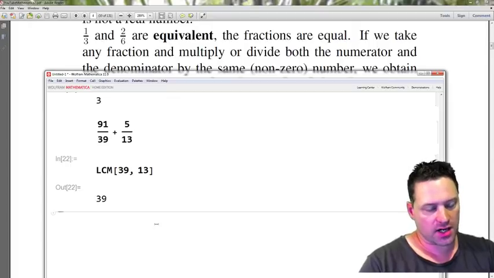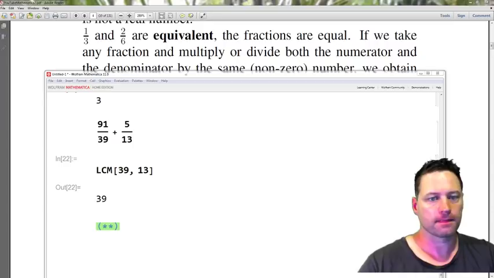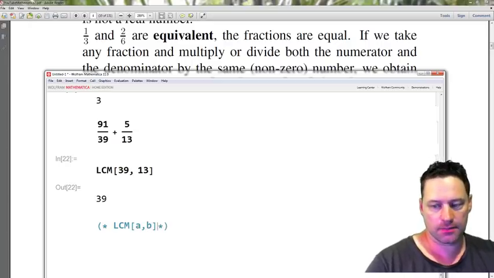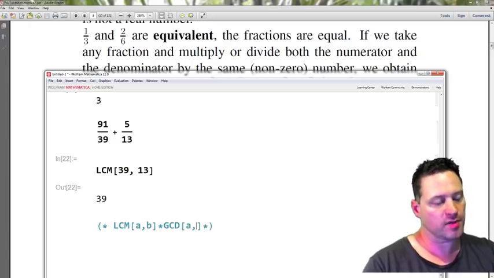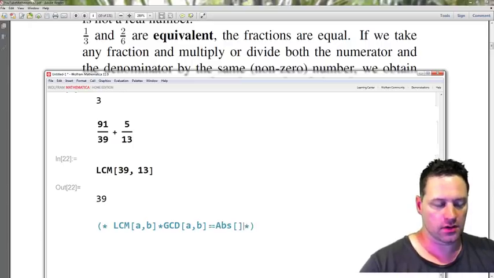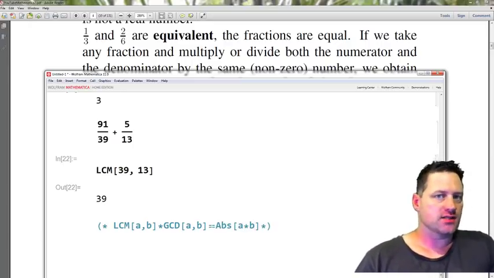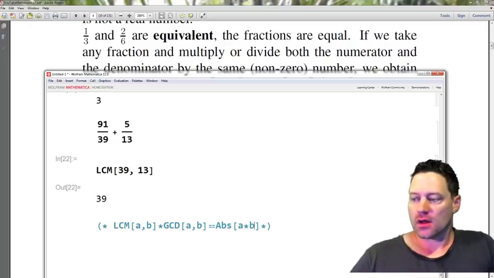I'm going to write in comment form: the LCM of numbers A, B times the GCD of numbers A, B is equal to the absolute value of A times B. So that's the property, what relates the LCM to the GCD and to the product of A and B.